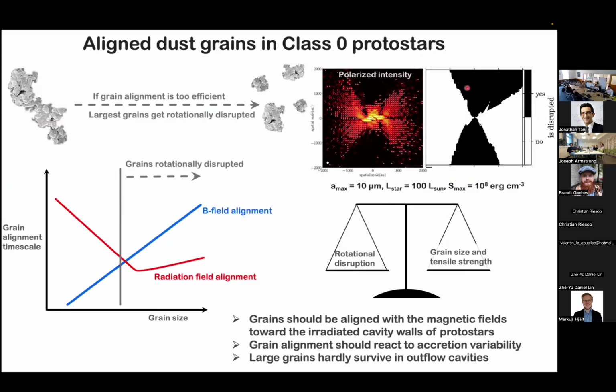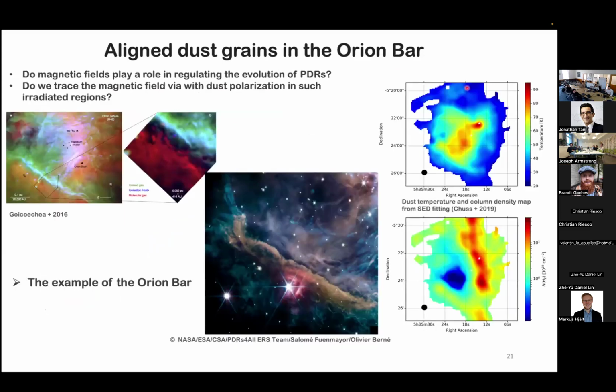To quantify this effect, we led a study toward the Orion bar, because it's a PDR that's super heavily irradiated by the Trapezium cluster, and also because the far infrared is the ideal place to look at the alignment of small grains.